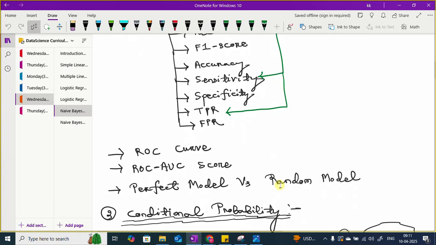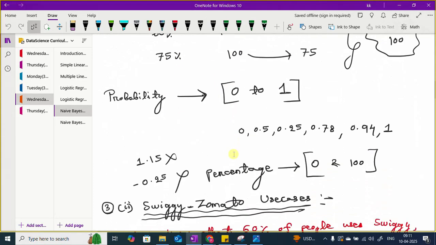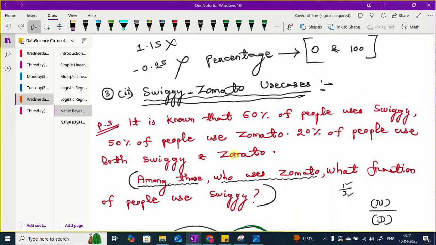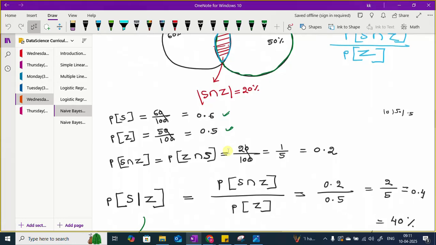We have already covered these, right? Then ROC AUC score, perfect model versus random model. Then conditional probability, how we solve it with the help of Bayes theorem. These are the use cases that I covered as part of my different batches.